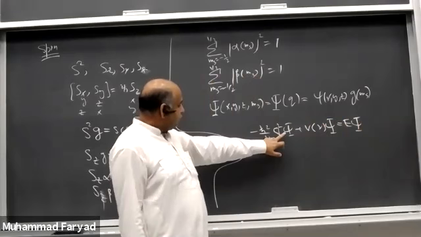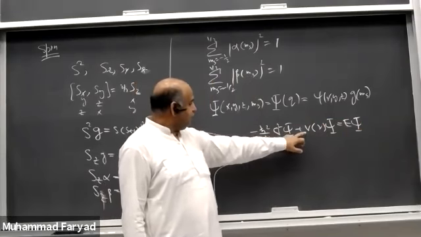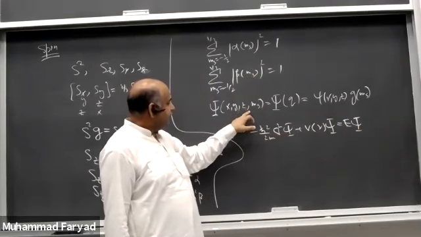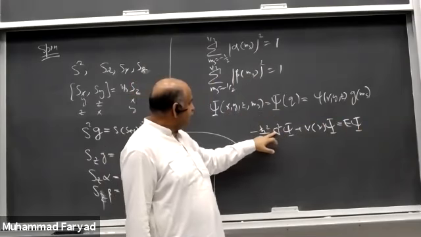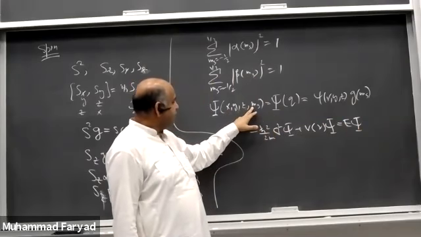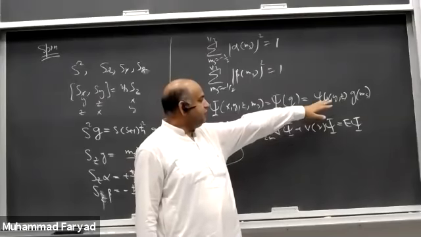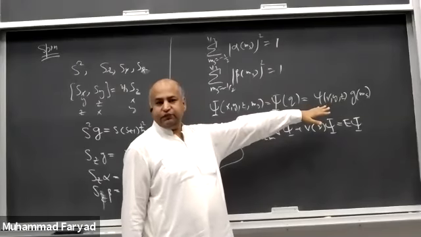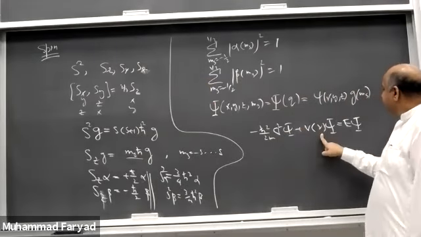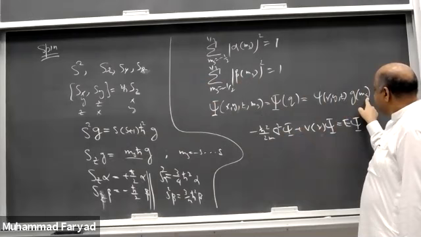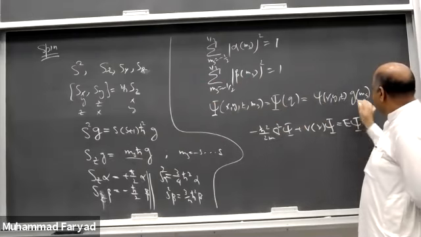So if psi is a function of x, y, z, ms, and this del square and v only depend on x, y, z, it means that this Hamiltonian doesn't operate on ms. So psi can be broken down into two parts. One part is x, y, z, and the other independent part is a function of ms. Because of the independence of the Hamiltonian from ms, we can write this wave function as a product of the two.